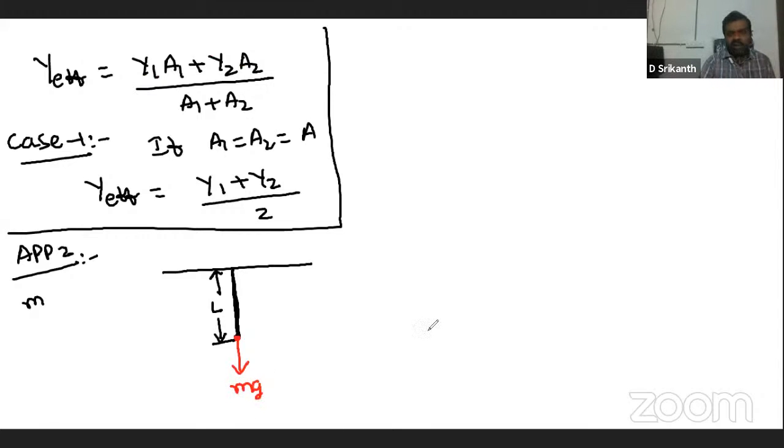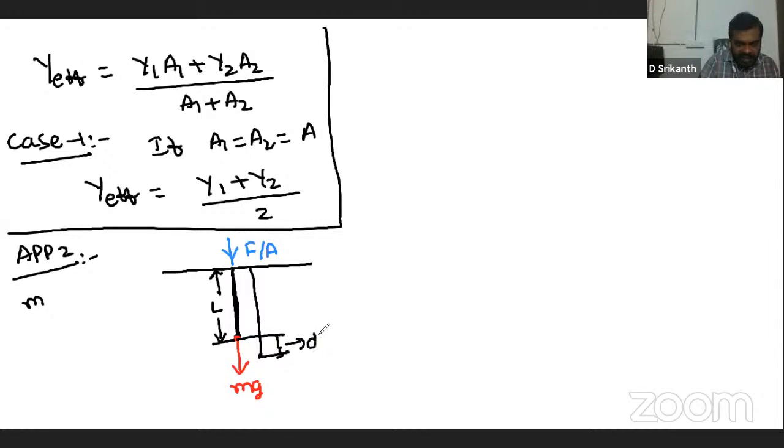Now, whenever I apply a stress, there will be a change in the length. Let us consider that after applying the stress, the length of the wire changes by this much.